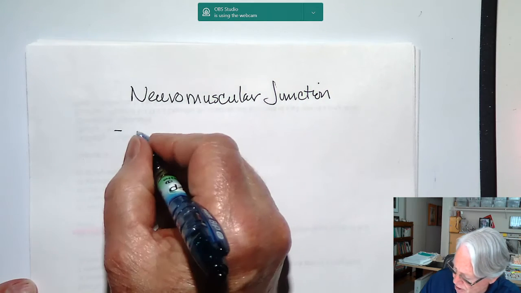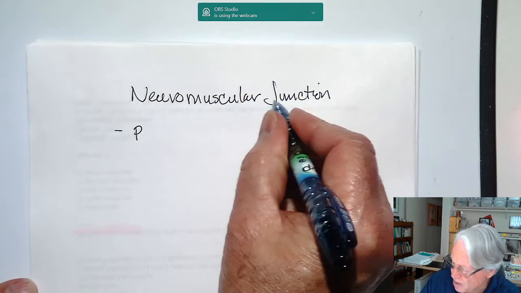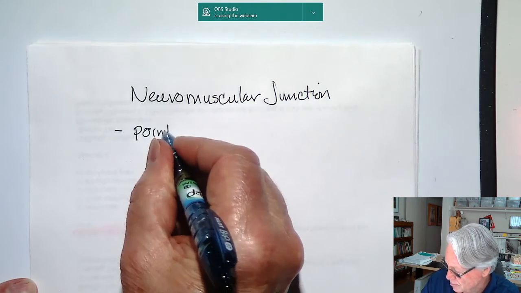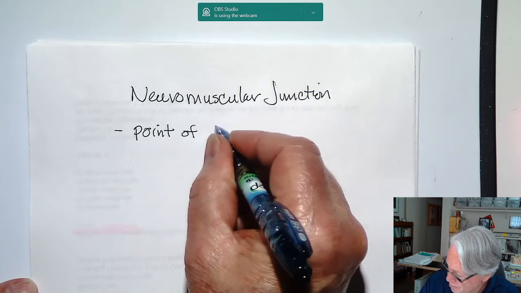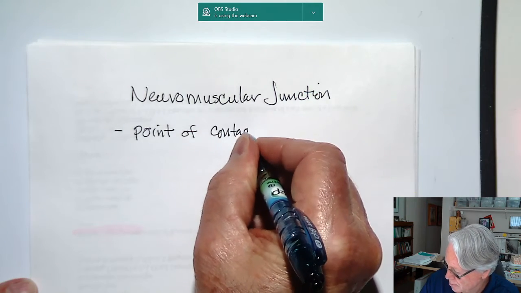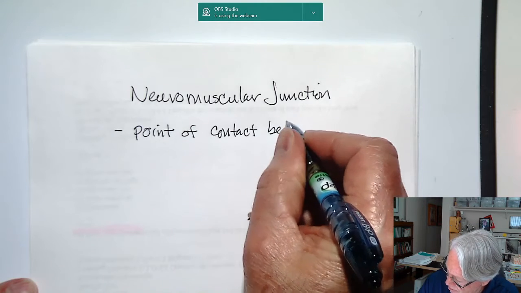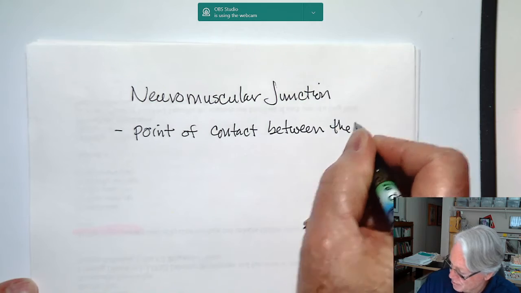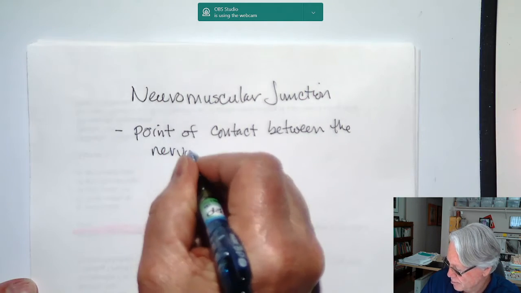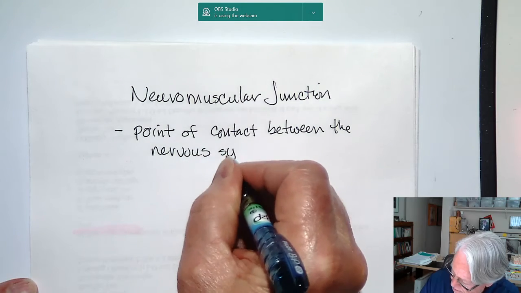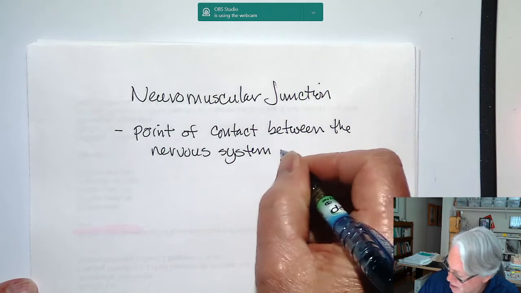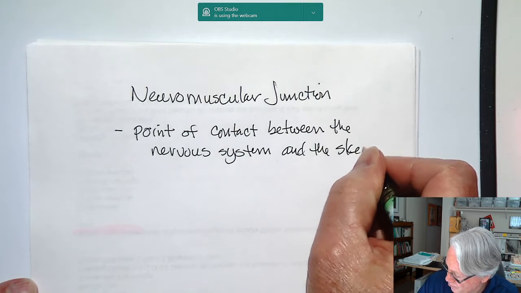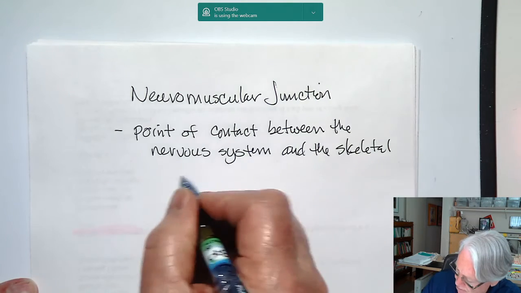So first of all, we can say that this structure, the neuromuscular junction, is the point of contact between the nervous system and the skeletal muscle system.